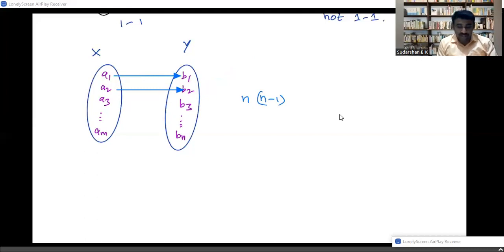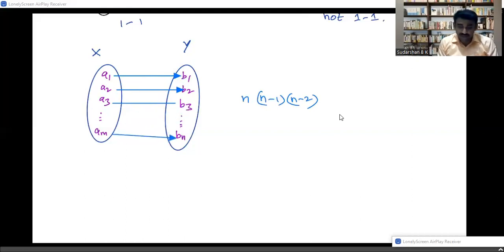Now similarly, for a3, out of n elements, two images are already occupied by these two elements. So I can have n minus 2 elements. Similarly, the mth element can have how many possible ways to map with the elements of set Y?